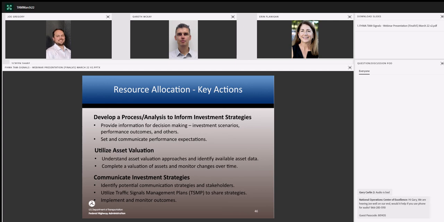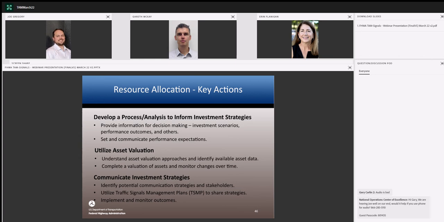Consider the use of asset valuation as an approach to better communicate, I guess, is the key thing, how asset value is going to change over time, and to clearly communicate what the impact of investment decisions might be. When you come up with those investment strategies, identify who needs to be aware of them, both decision makers and those responsible for delivery.